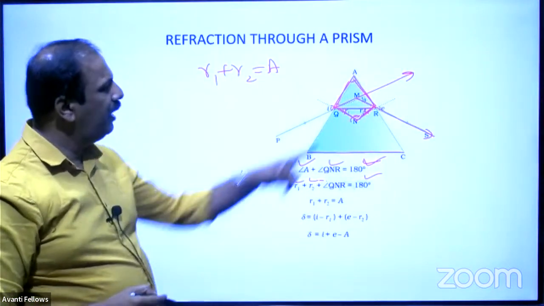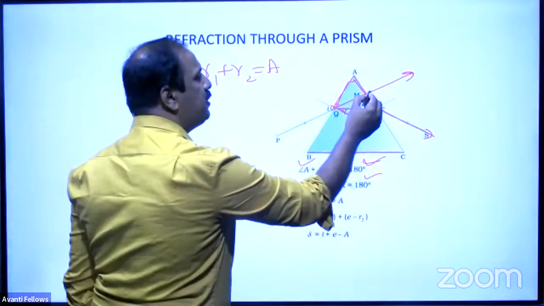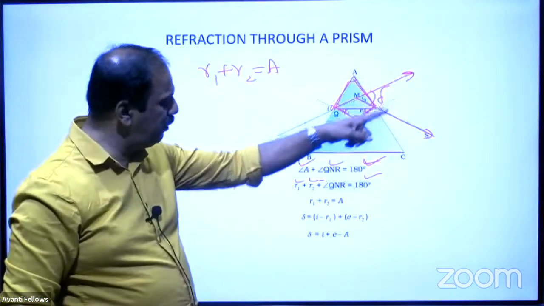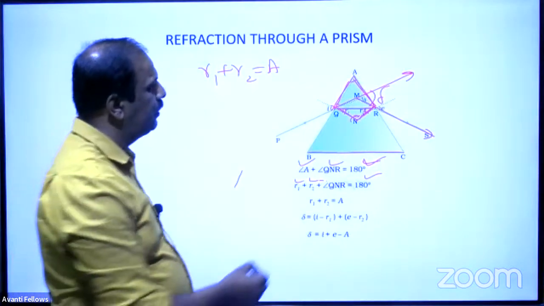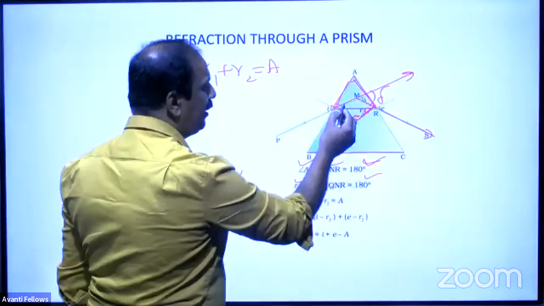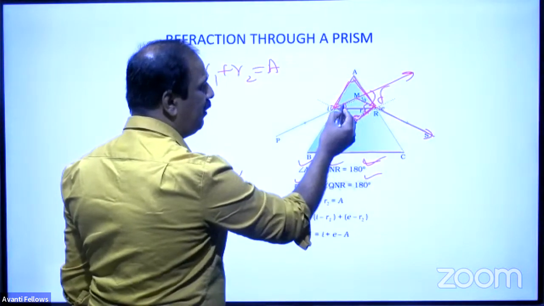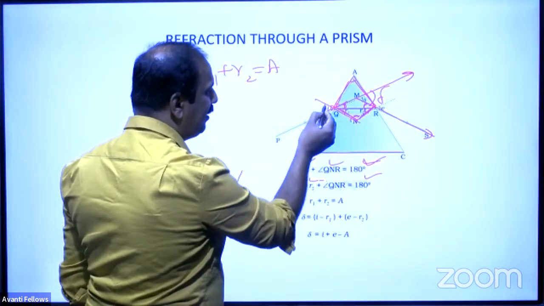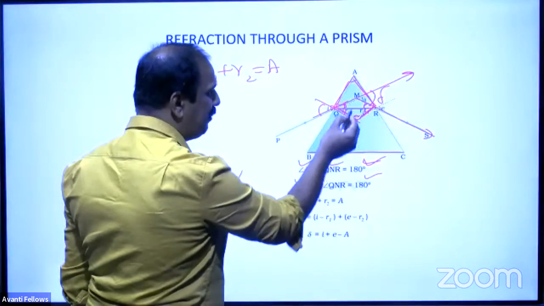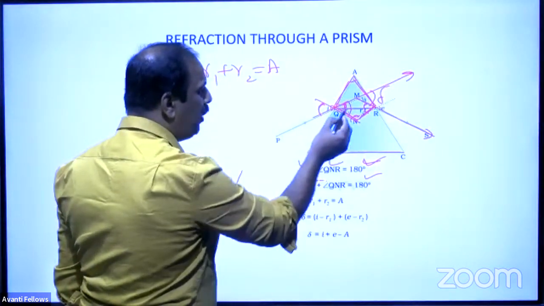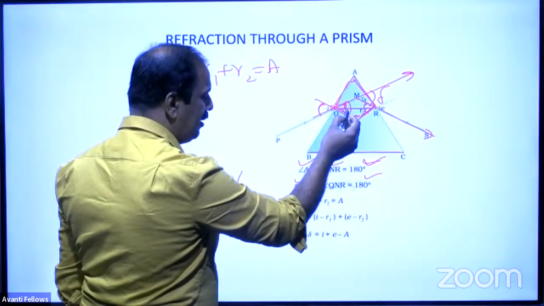Now you see here we have deviation. This is very important. This is called the total deviation. The total deviation should be the sum of this angle and this angle. From the total, you have to subtract the small one.